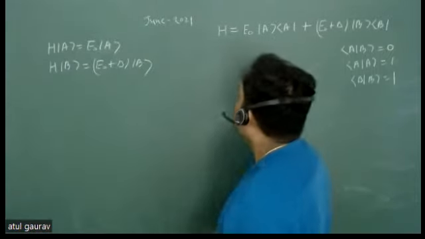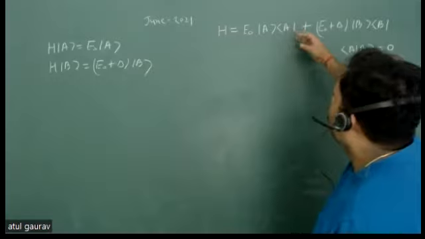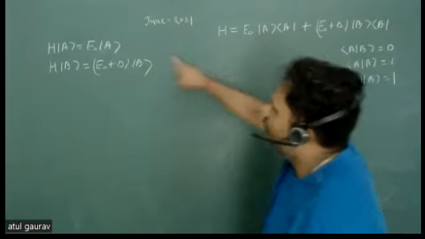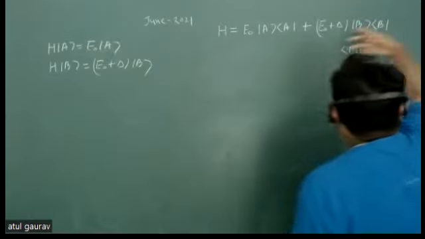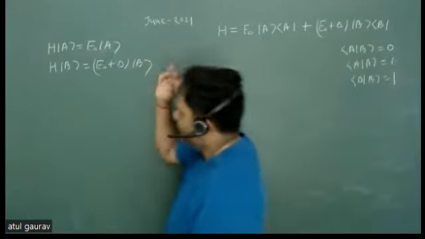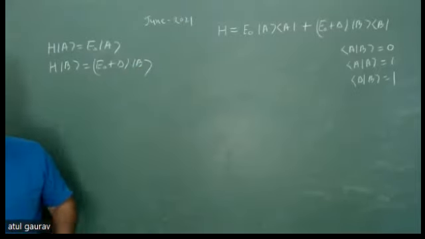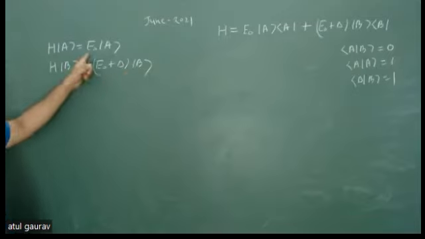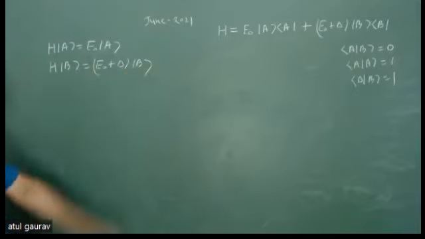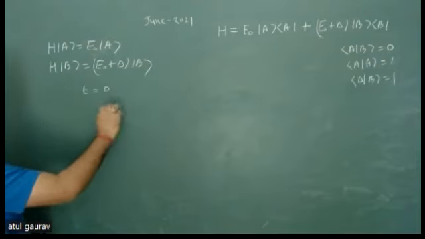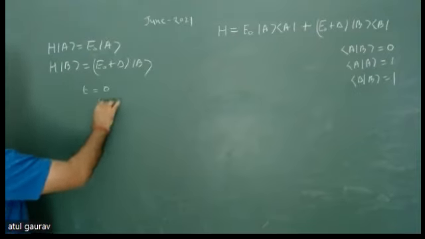If you operate A here, this will be 1, this will be 0, this will be gone, and E naught A will survive. You operate B here, then this will be gone, this will be 1, and this will survive. So yes, we have two eigenstates, A and B, with eigenvalues E naught and E naught plus delta.